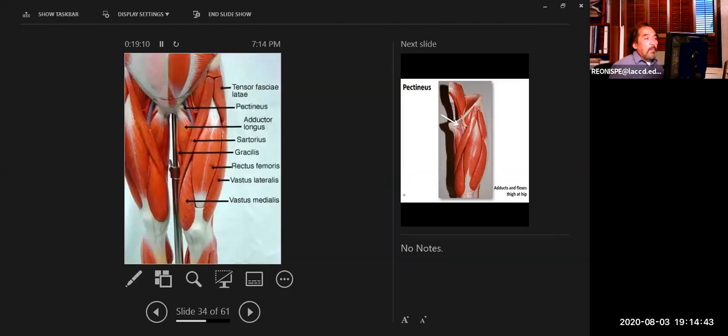Right, another picture. Okay, so this is going to be the pectineus. Small part of it is shown. This is iliopsoas, lateral to the femoral vessels, and adductor longus is here. Okay, and then vastus medialis, vastus lateralis, and rectus femoris.